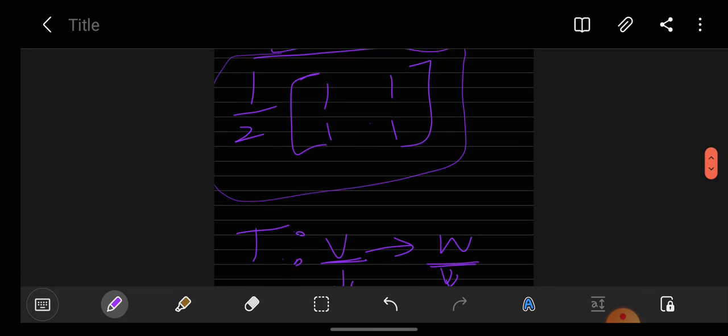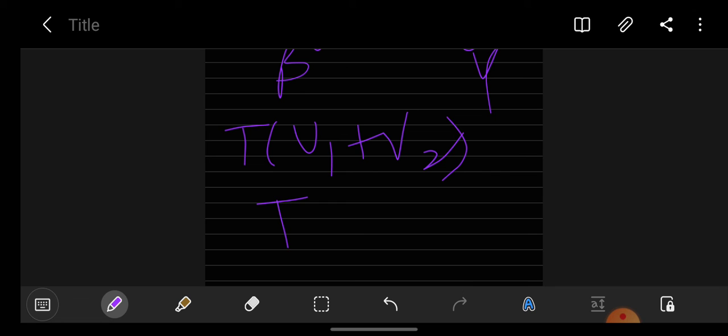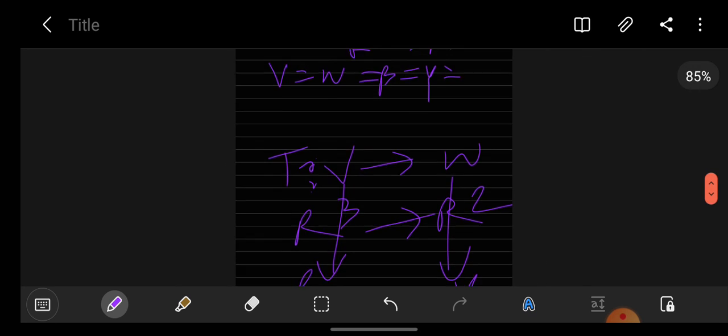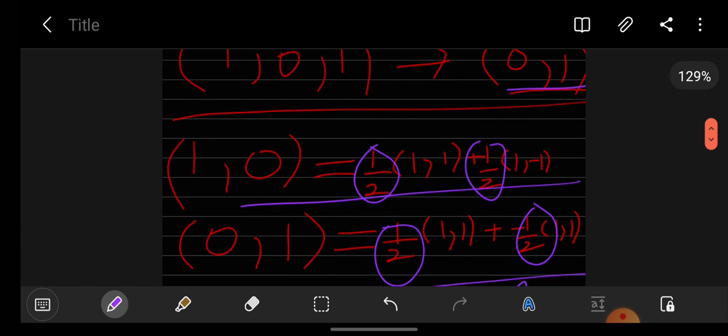We already studied the rule in the previous video: you can perform only two operations, addition and scalar multiplication. So we multiplied by half, 1/2, and we get the corresponding values 1, 0 and 0, 1.